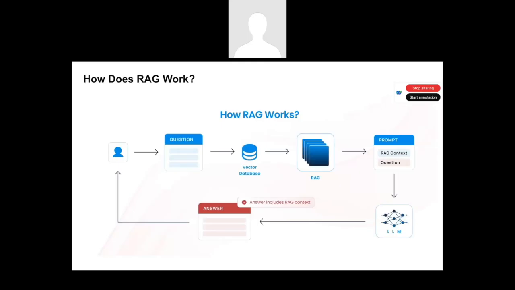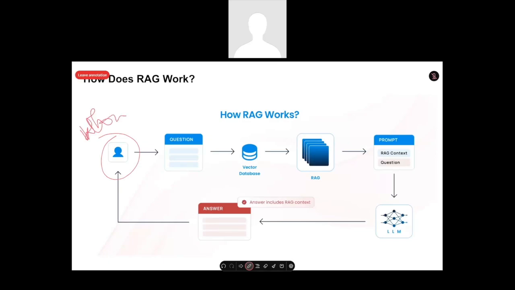So how does RAG work here? I am a user, and I am asking a question like, let's say, how many students are there in NIT Trichy? Okay, if I ask this question, this vector DB is the crucial component.